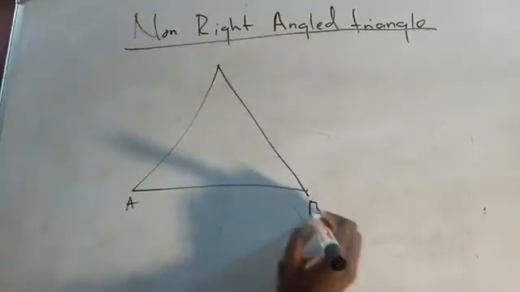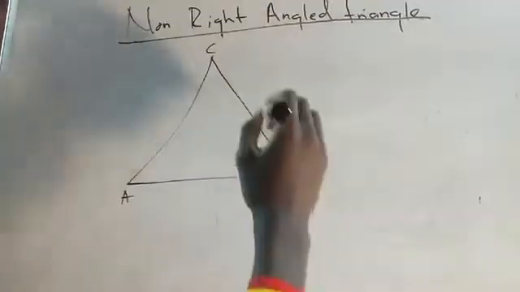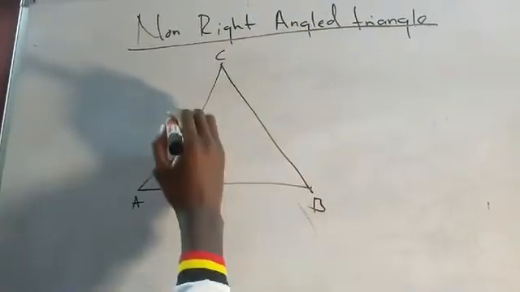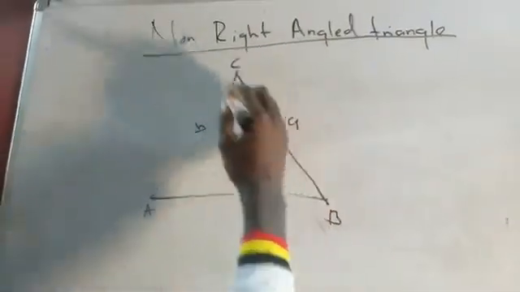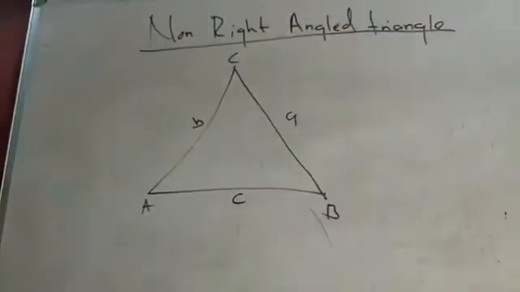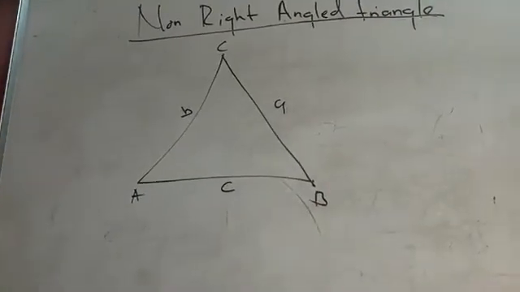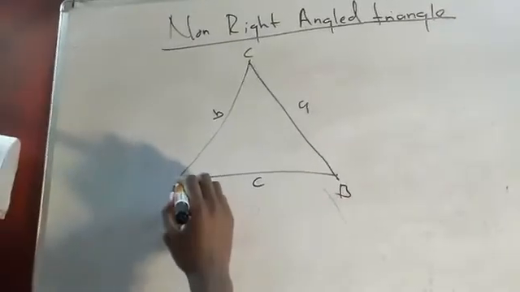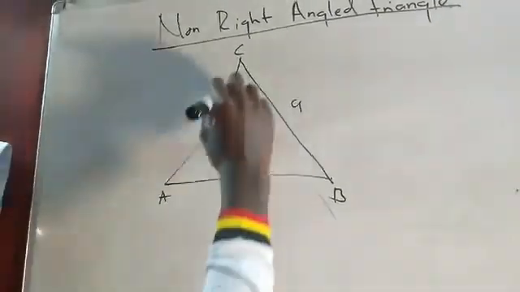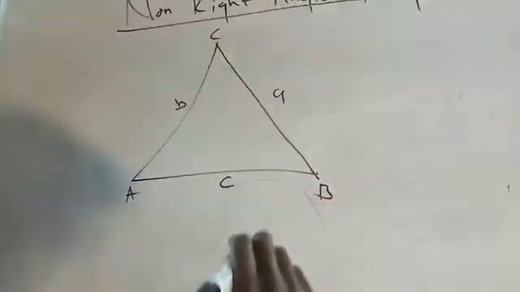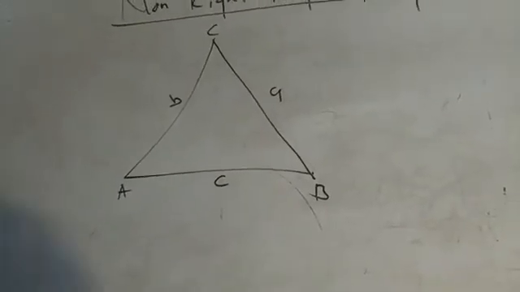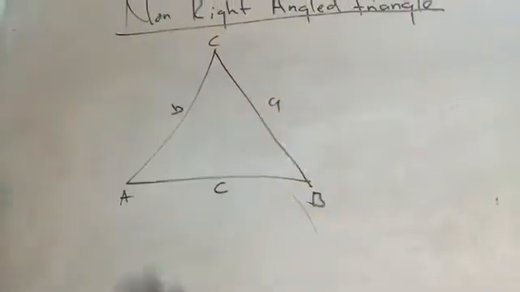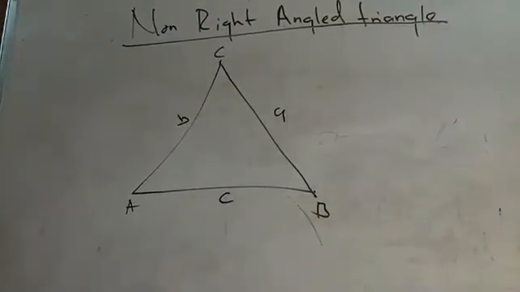A, B, C. This side will reflect B. This one A, and this one also C. But these angles will be adding up to 180, but you won't find any angle inside here equaling to 90 degrees.